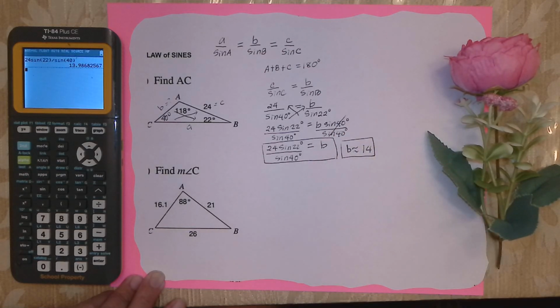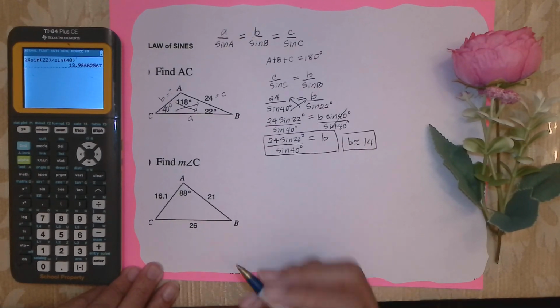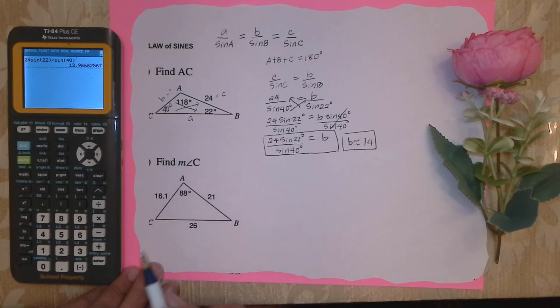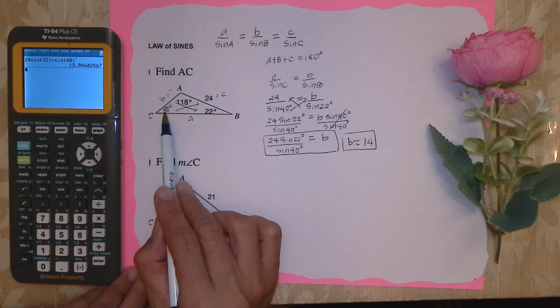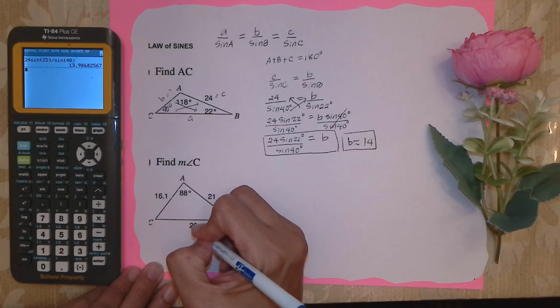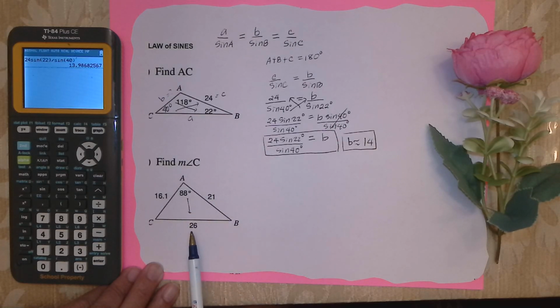Okay, let's have a second example here. The second example is easier because over here we don't have to find the angle, since we know the side and the opposite angle. We have a complete pair of side and opposite angle.